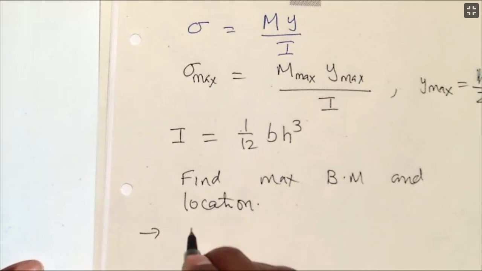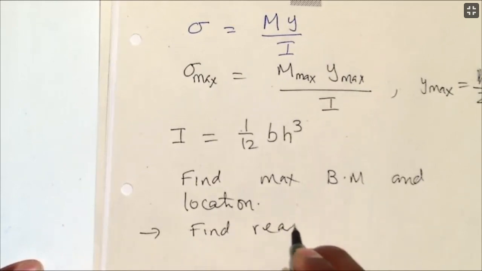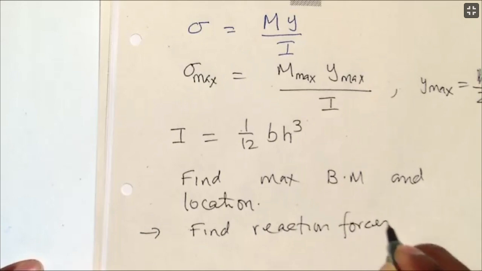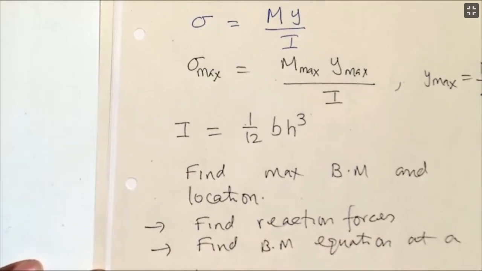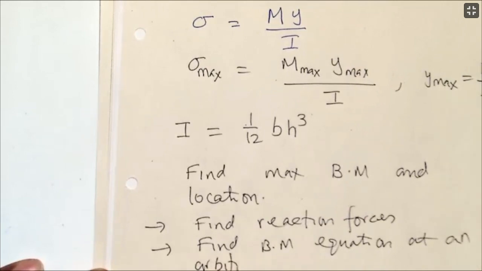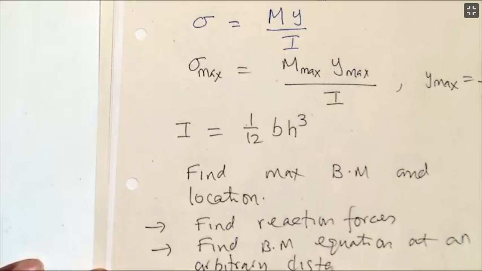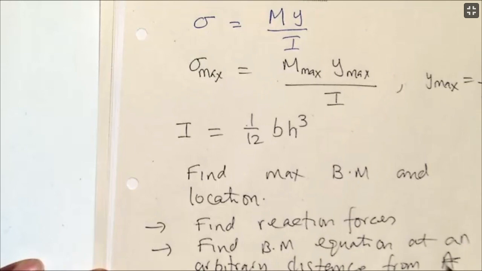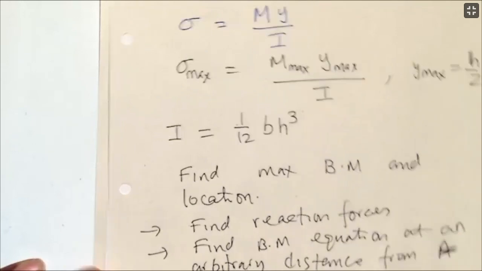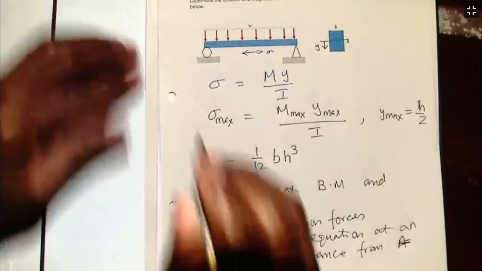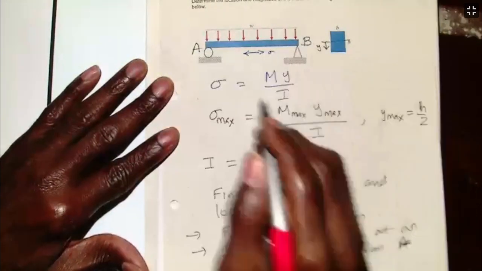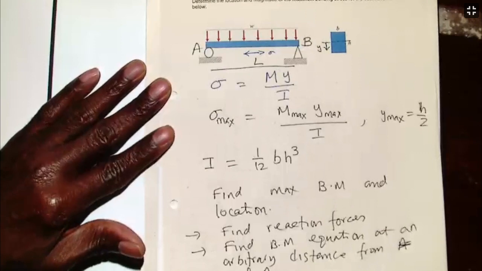We need to find the reaction forces and then find the bending moment equation at a distance x from end A. So let's call this A, let's call that B, and let's call the length of the beam L.